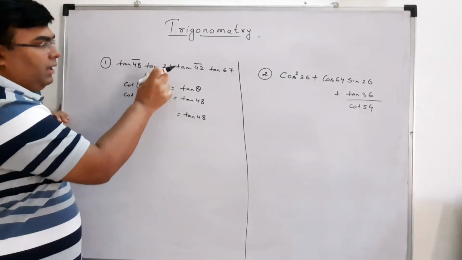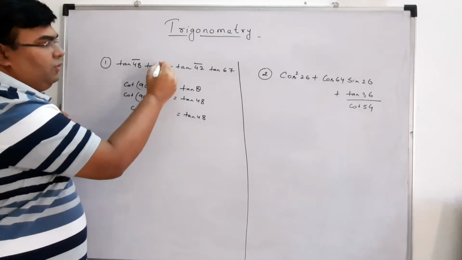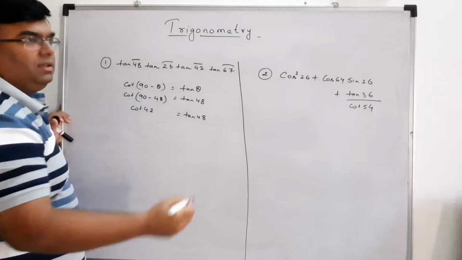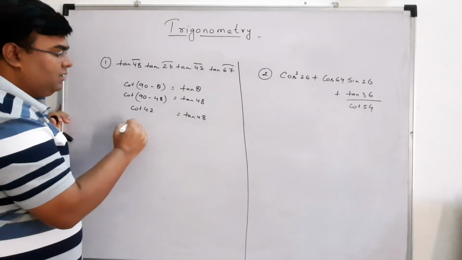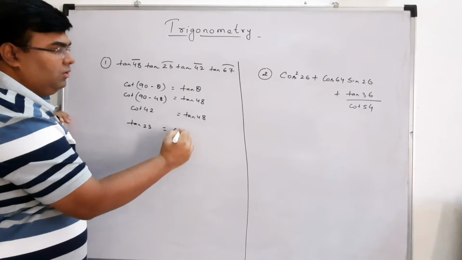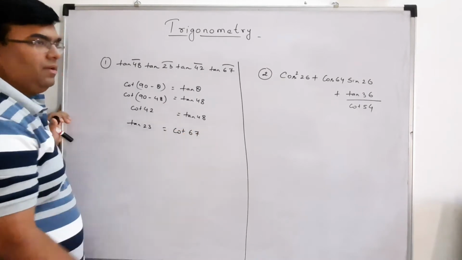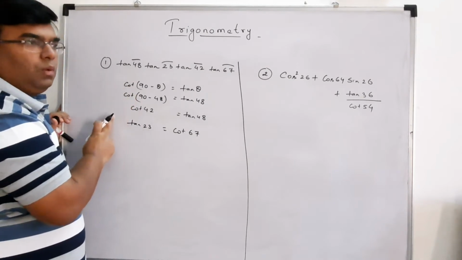And then again tan 23 you can write similarly. If you see 23 and 67, these are complementary angles, so we can write tan 23 is equal to cot 67. You can directly write this, no need to go through this process.